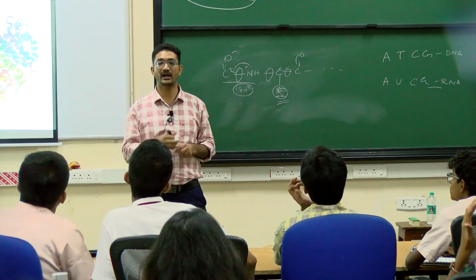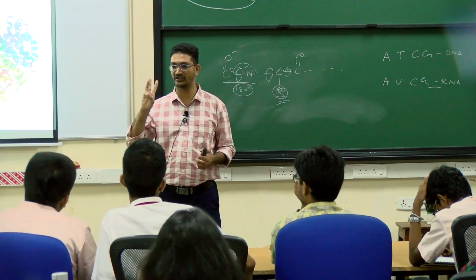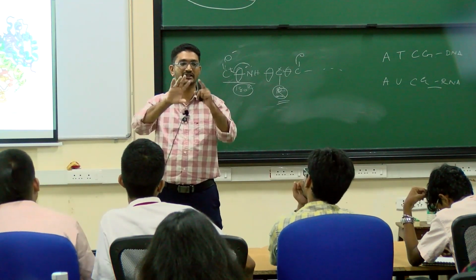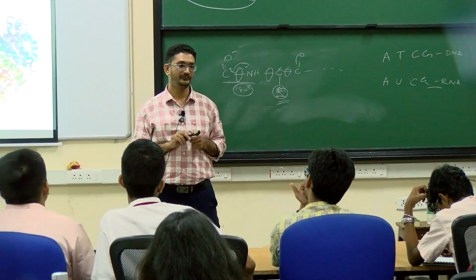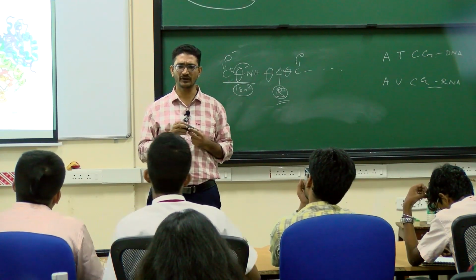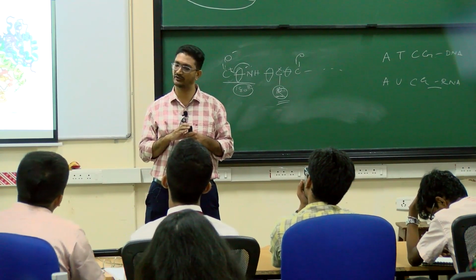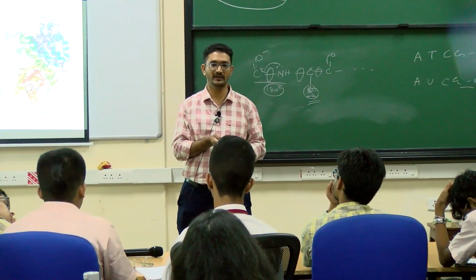And if each peptide bond can take three different conformations, how much time will it take to scan all the possible conformations? You have done some kind of combinations in mathematics, right?